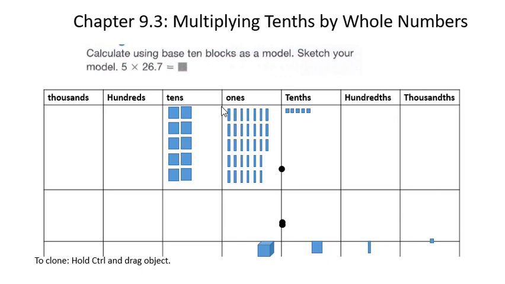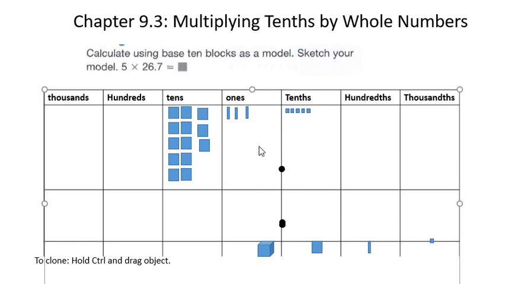We could count, but we know that 5 times 6 is 30, and then adding 3 more ones gives us 33 ones. So I could take 30 of those ones and replace them with 3 tens. Let's do that now. As you can tell, I took 30 ones from here and I put 3 tens into here. So once again, it's equivalent, but it just looks a little bit different after I moved the groups around.